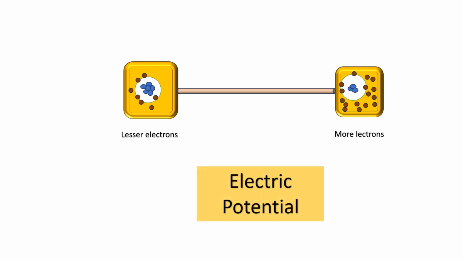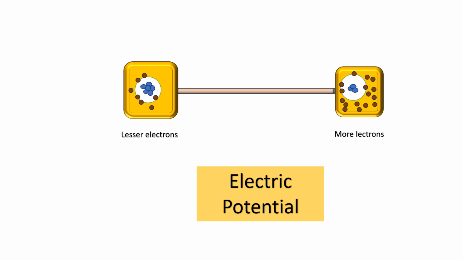Now it is the same for the electrons and the charged particles in the metal plates. This metal plate has fewer electrons and this one has more electrons. If we connect the two plates with a metallic wire, what happens in that case? Now there's a difference in their electric potential.